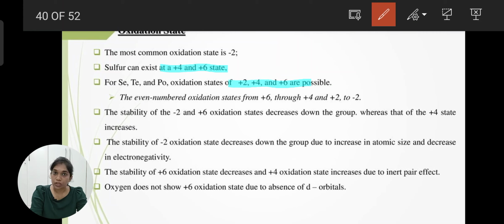So it does not show +6 oxidation state or +4 oxidation state due to absence of d orbital, while sulfur, selenium, tellurium and polonium show +2, +4, +6 oxidation state and they have d orbital. This is for oxidation state.